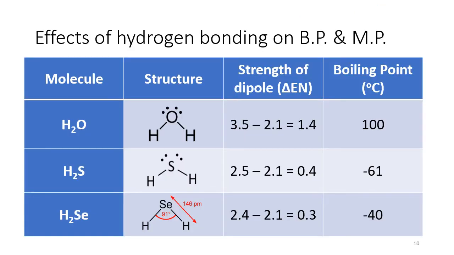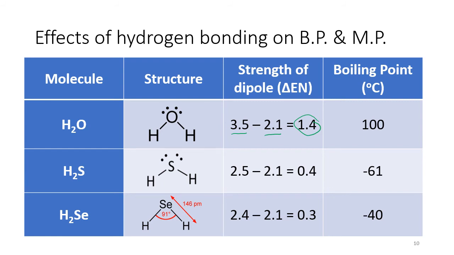If a molecule contains hydrogen bonding, this will have an impact on the observed boiling point or melting point. For water, H2O, if we look at the difference in electronegativity between oxygen and hydrogen, oxygen has an electronegativity of 3.5. Hydrogen has an electronegativity of 2.1, giving us a difference of 1.4. Sulfur and selenium are in group 6A below oxygen.